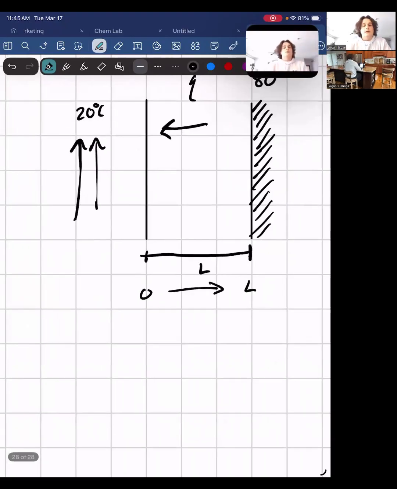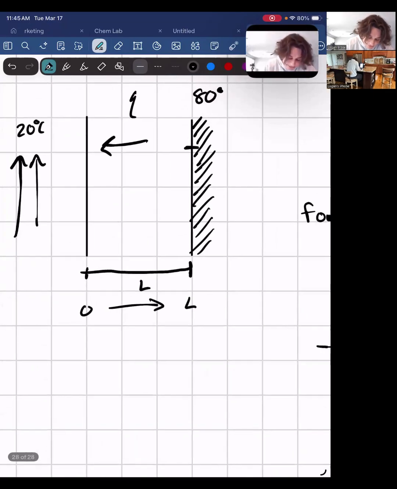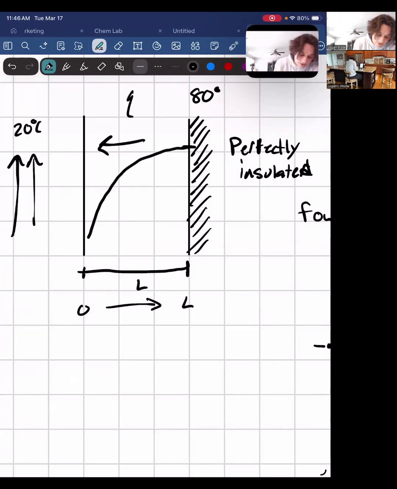So when we're looking at the slope, right, we expect it to be perfectly flat over here because this side is perfectly insulated, right? So if this side is perfectly insulated, we expect the slope here to be 0, and it'll gradually go down. So this is what our slope will look like throughout this tube here.